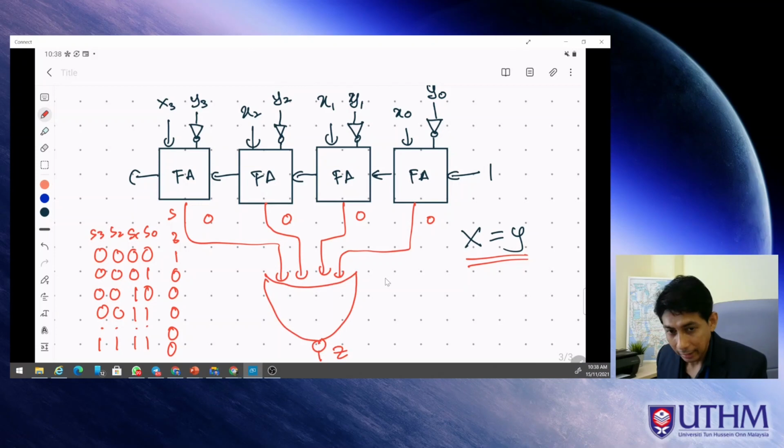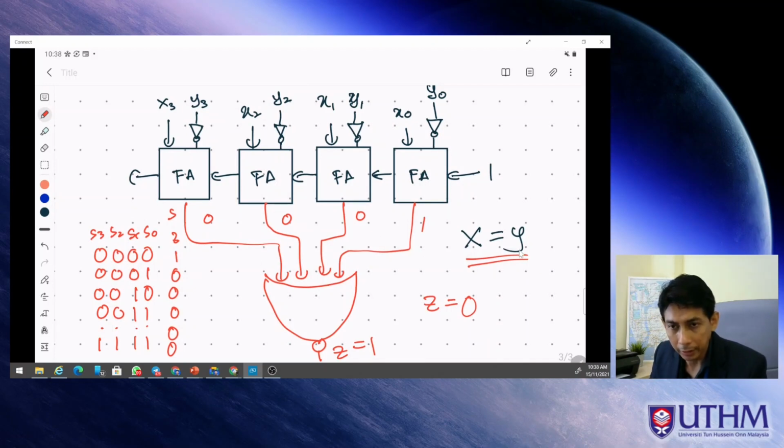gives you Z equal to 1 whenever all of these are 0. Means that in our comparator circuit, whenever Z equal to 1, the only conclusion that we have is that X must be equal to Y. Because if Z equal to 0, it means there is no all-zero result here, so it can be any number except all 0.